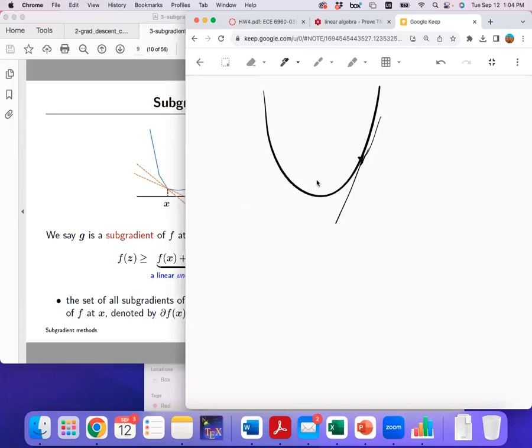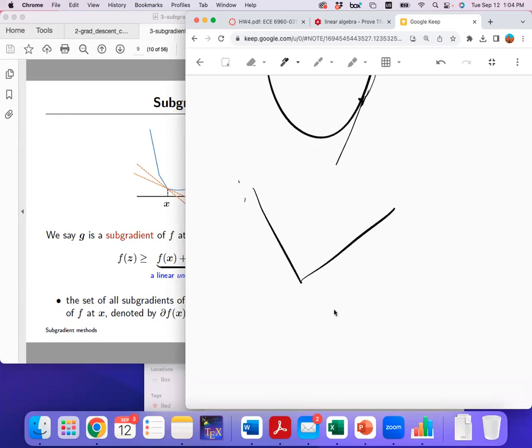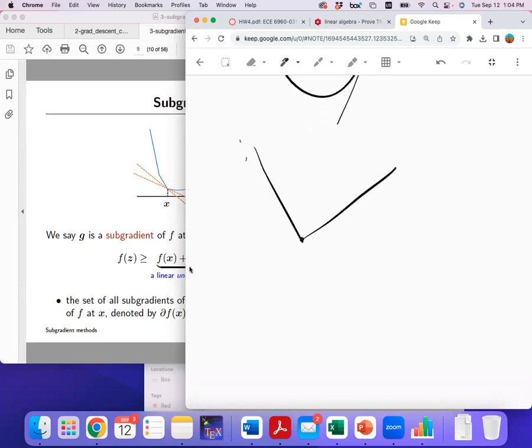And because this is a curve, at every point we can only find exactly one supporting line. But when the function has a sharp transition, like here, it is not differentiable because you don't have a proper definition of derivative there.